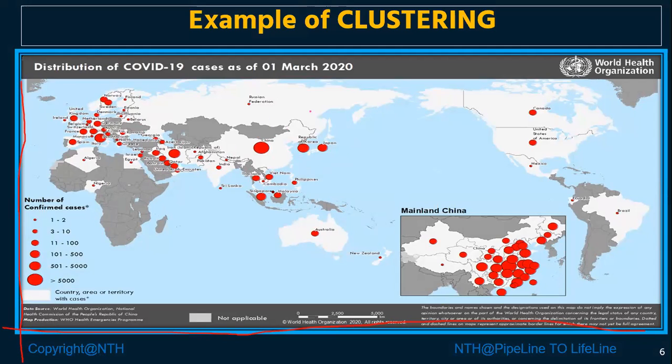If you look at this worldwide map, all the red colors, my question is, in which area were maximum people suffering from COVID on March 1st, 2020? They noticed that mainland China has the majority of the red dots, meaning maximum people were suffering during this particular period of time. This is a category. This is called the clustering process.